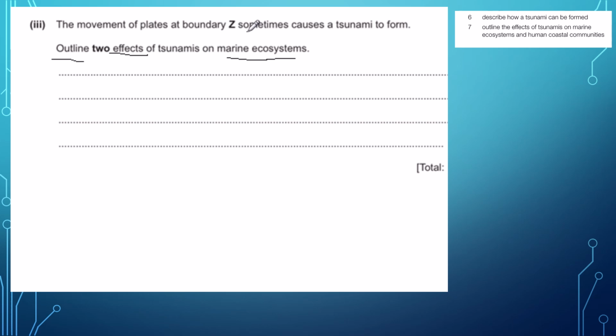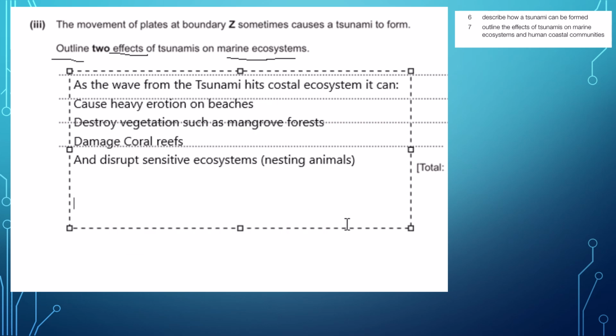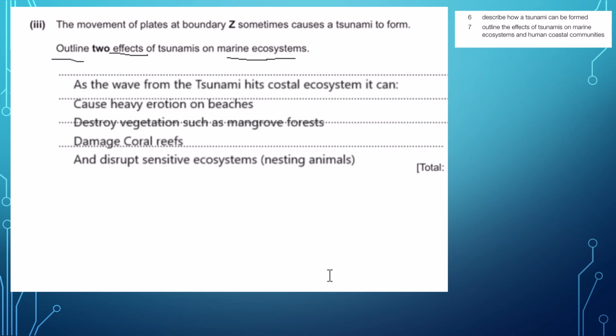It can cause flooding, destroy habitats, and destroy organisms of the seabed. It can hurt the coral reefs and the mangrove forests. So if I were to write a 2-point answer for this one, it would look something like this. As a wave from the tsunami hits a coastal ecosystem, it can cause heavy erosion on the beaches.